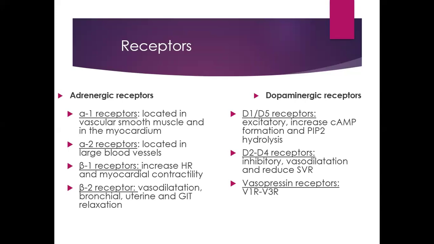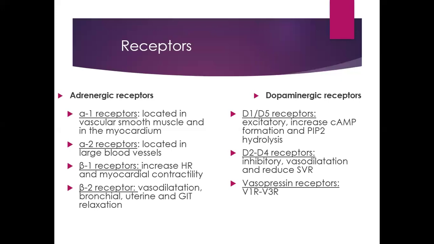The dopaminergic receptors, the dopaminergic agents actually act on the neural, cardiac, and renal tissues, and they go from D1 to D5. But D1, D5 receptors cause excitation as they increase cyclic AMP formation, and this leads to phosphodiesterase 2 hydrolysis.